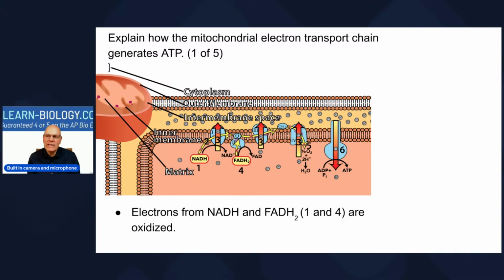There's some very, very deep biochemistry here that you don't really need to know for AP biology. What you do need to know is that these molecules, NADH and FADH2, are mobile electron carriers. They're little batteries that can move around in mostly the mitochondrial matrix, but they can also make it from the cytoplasm into the mitochondrial matrix. And their function is to bring electron energy to this series of proteins, which is called the electron transport chain.